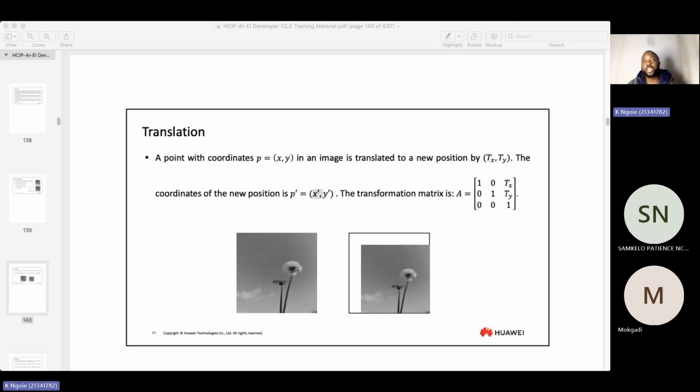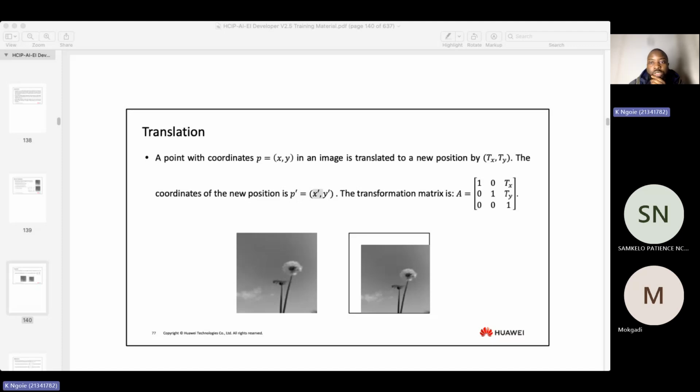So that's how the image is translated. An analogy with human eyes is like moving an object across your field of view without changing its size or shape, right? So that is translation.